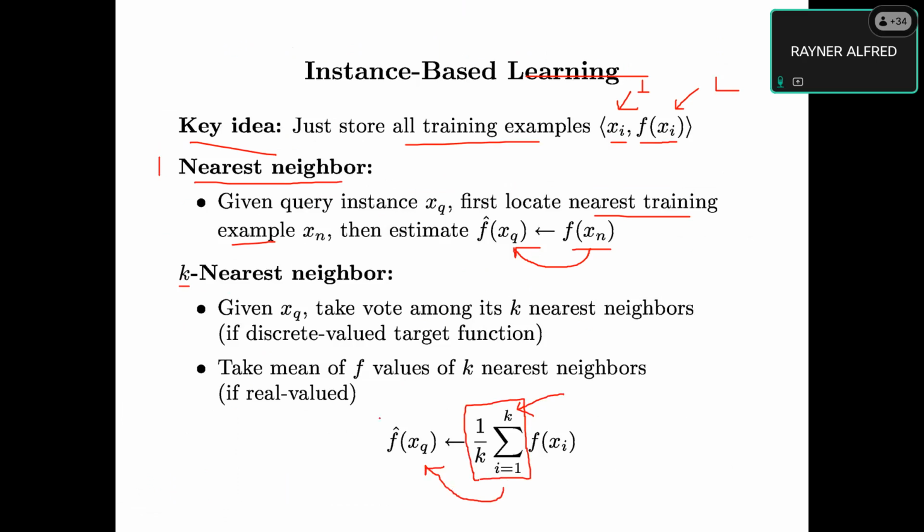It could be a numerical value, or it could be the mode value, so we are looking at majority voting. What is the majority class among the k nearest neighbors? Then we assign that majority class to our new instance.